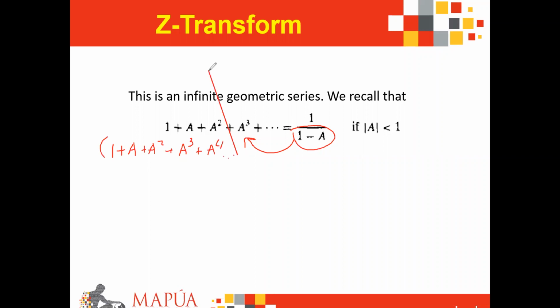Plus, plus, plus, plus. Tapos, I will multiply this with 1 minus a. And then, equal daw yan sa 1. So, kasi ayun yung concept, di ba? Nilipat ko lang sa kabilang side.